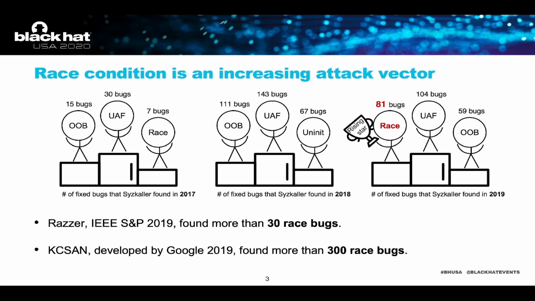And in the same year, Google developed their own kernel concurrency sanitizer and found more than 300 race bugs. As a result, unlike other types of bugs, the number of race condition bugs found by listed fuzzers solely increased in 2019, maintaining its upward trend.